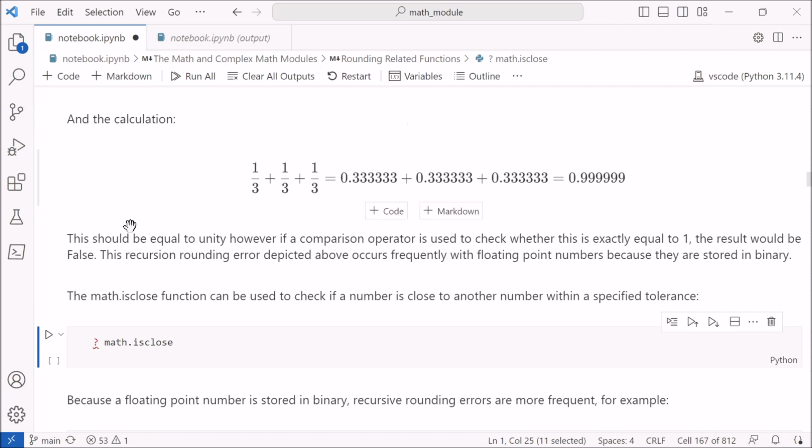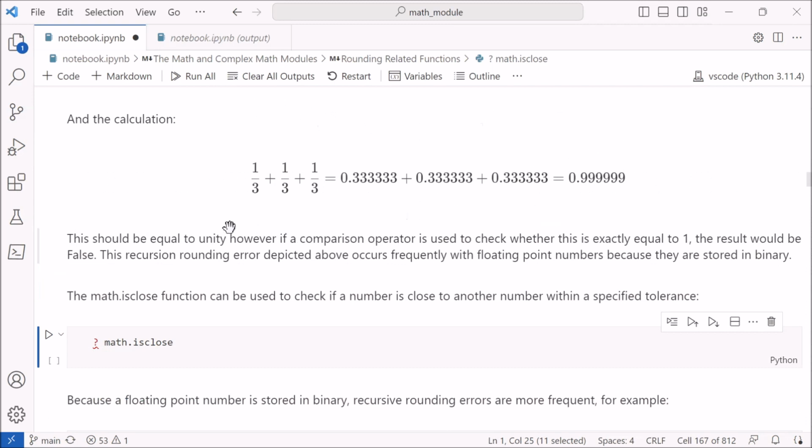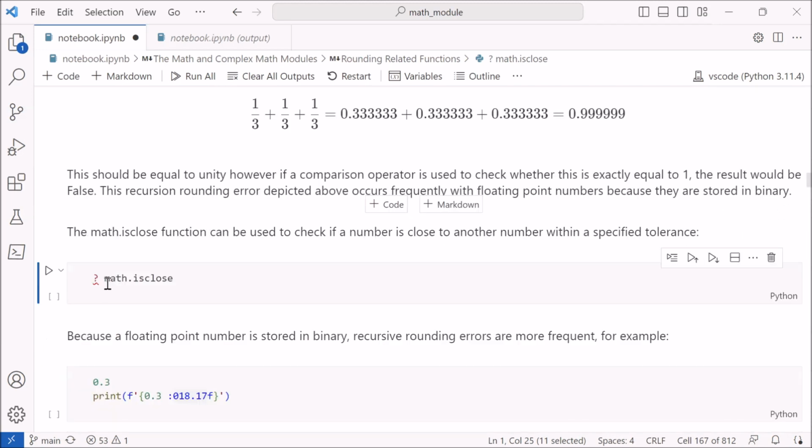And therefore, if a comparison operator is used to check whether this is exactly equal to 1, the result might be false. Such a recursive rounding error exists frequently with floating point numbers because they are encoded in binary.